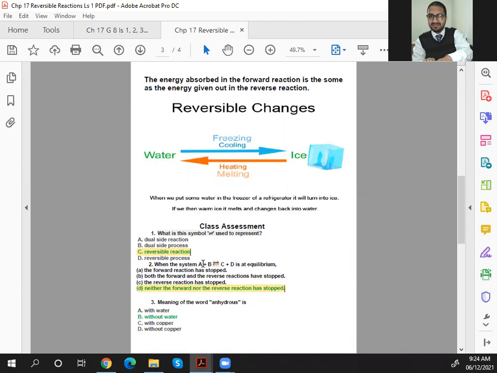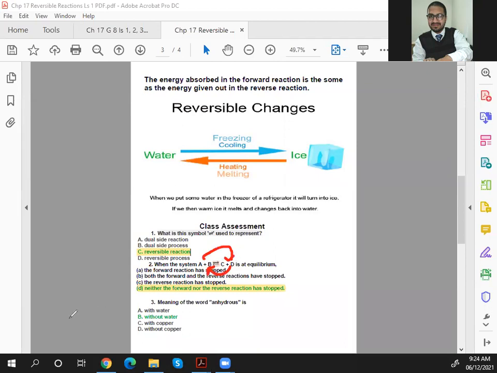When you react A and B, they give you product C and D. Then these C and D again react and give you back A and B. So a cycle is going on from here to here and here to here.